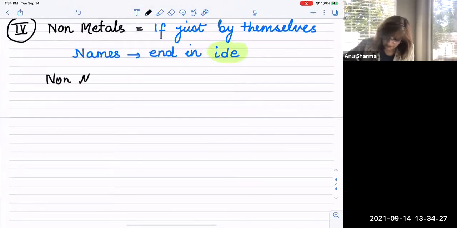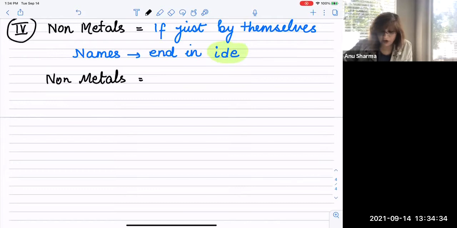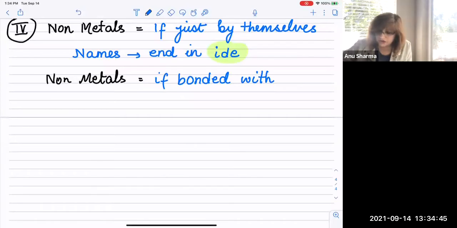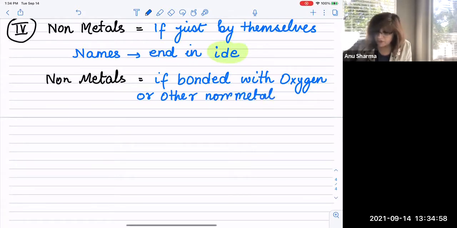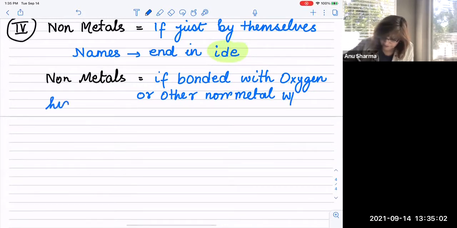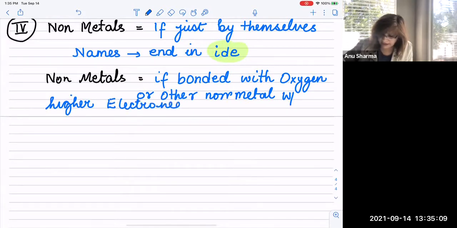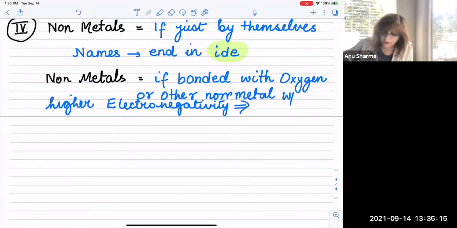Non-metals, if bonded, not mixed, if bonded with oxygens or other non-metal with higher electronegativity, then these are called polyatomic ions.